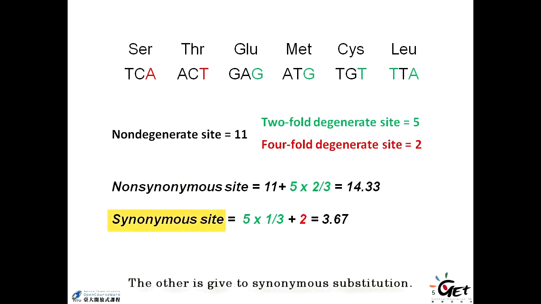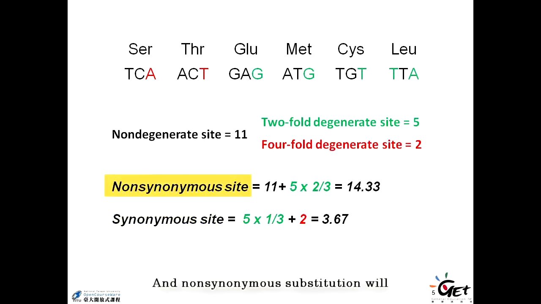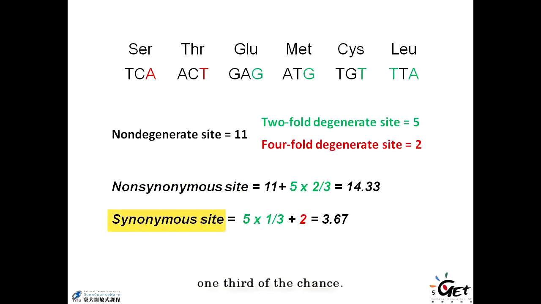The other gives a synonymous substitution. Non-synonymous substitution has a 2/3 chance, and synonymous substitution has a 1/3 chance. So you can calculate, based on one sequence, the number of synonymous sites and non-synonymous sites by this method. That's what we discussed last time, but now we just write it in numbers.